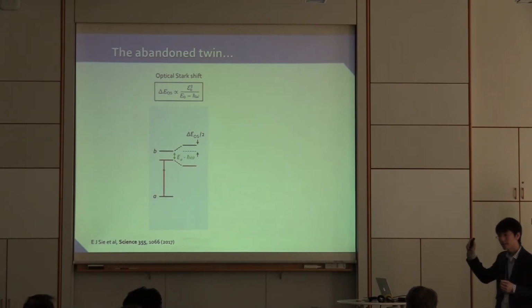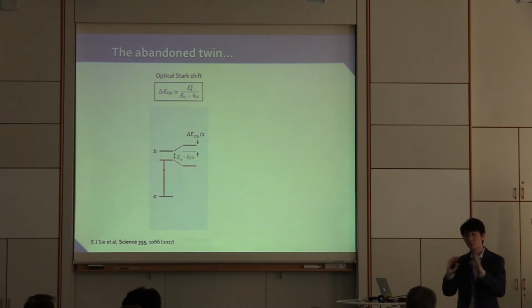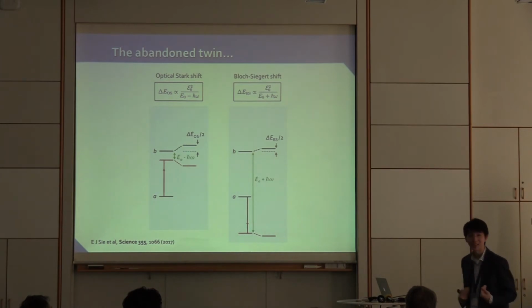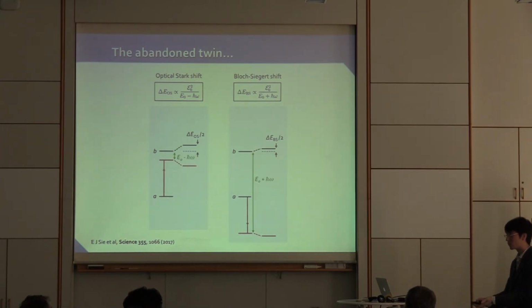In fact, this is just one out of two in the general light-matter interaction of the off-resonance interaction. The other one, which I call the abandoned twin, because I seldom hear about it myself until I look at the data, and think, oh, this is very weird.